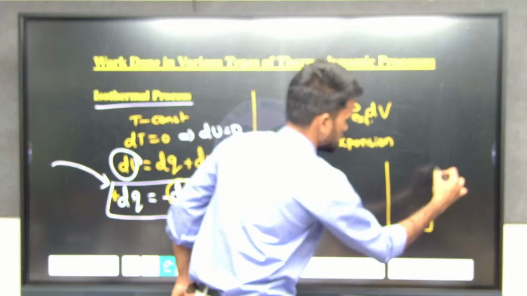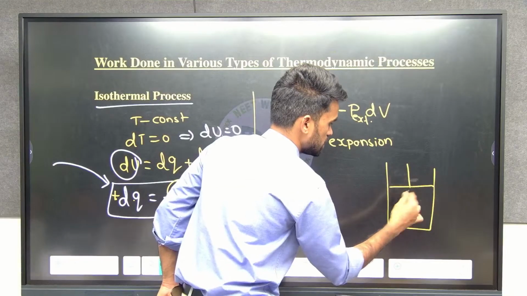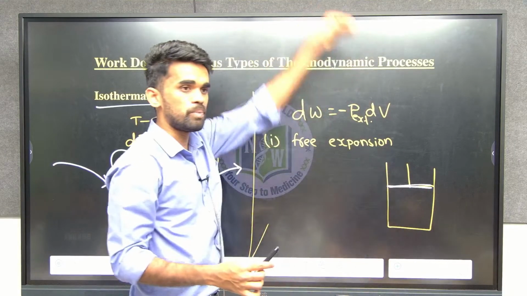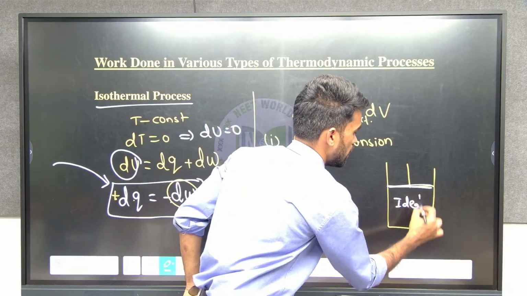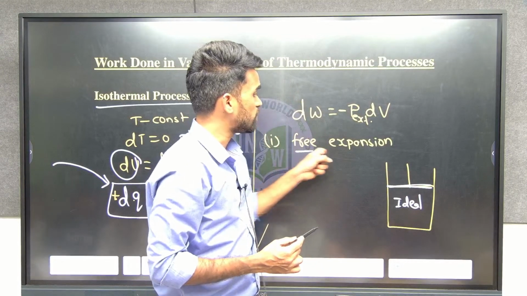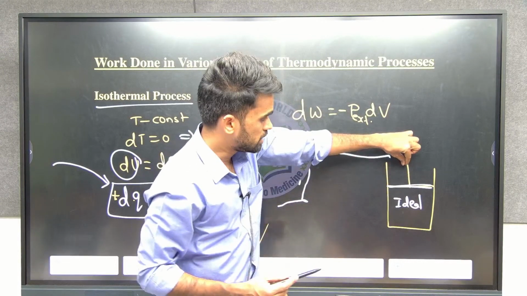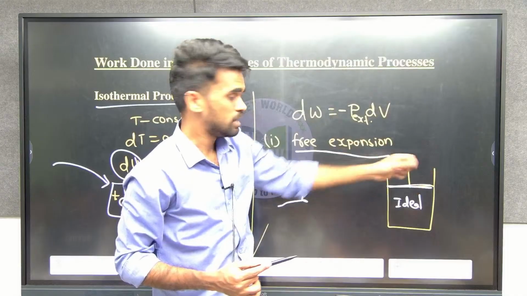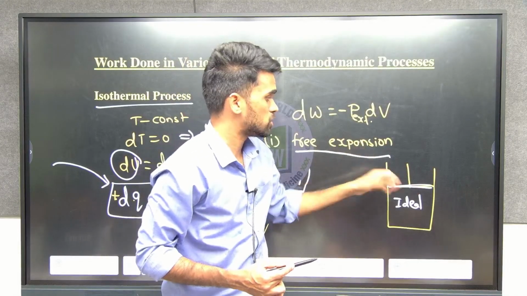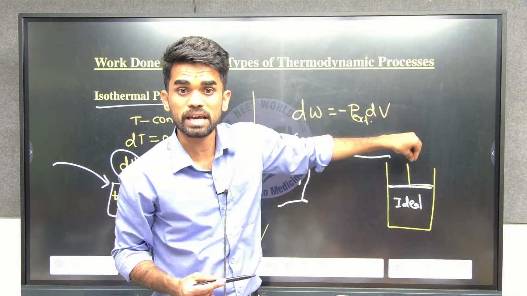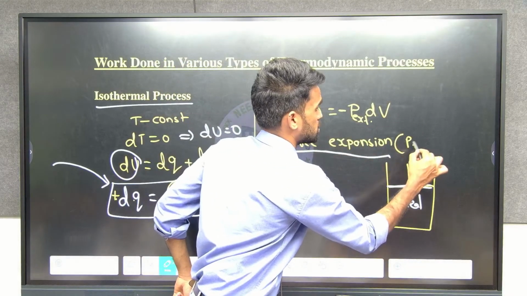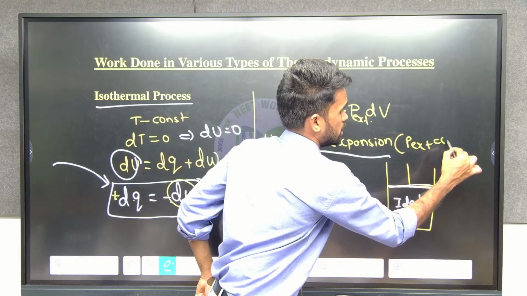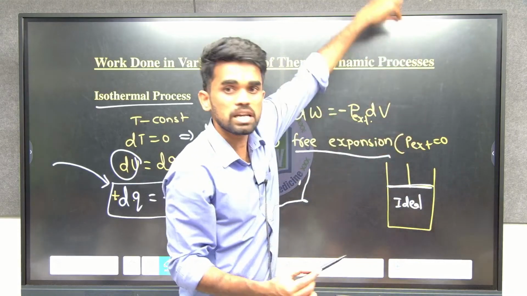See, now here we have a piston. It can go up and down freely. Here I have an ideal gas. Free expansion means this piston can move up and down easily. When I say free expansion, there is no external pressure. So P external will be 0, and it will easily go upside.